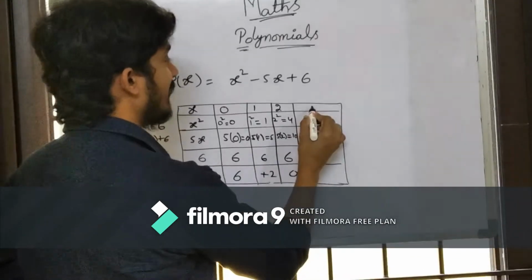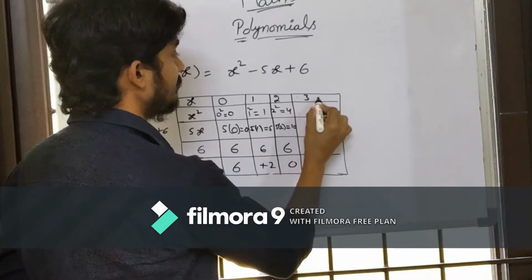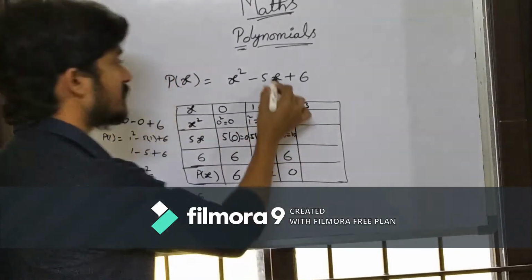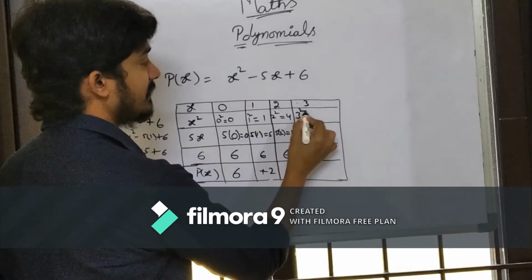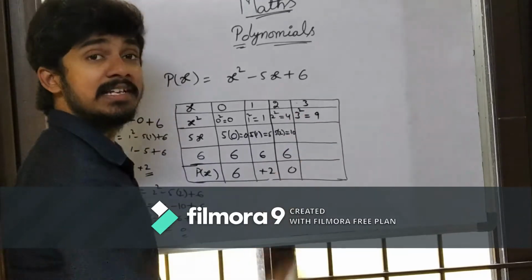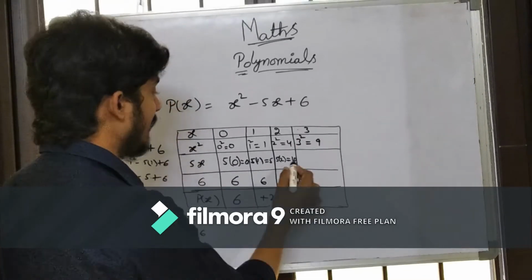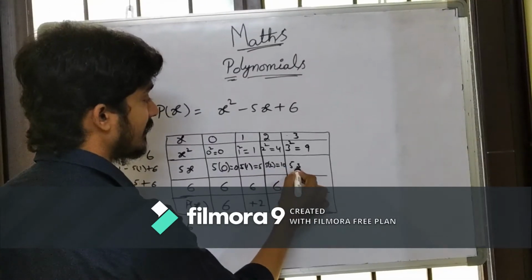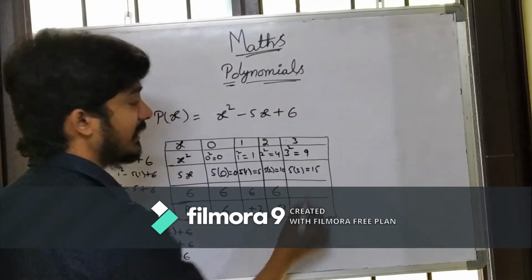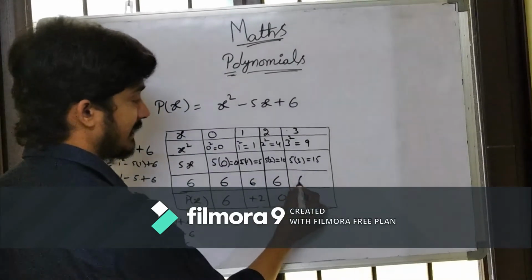Next one, if x equals 3. 3 square value is 9: base repeated exponent times means 3 into 3, 9. Next, 5 into 3 is 15, plus 6.